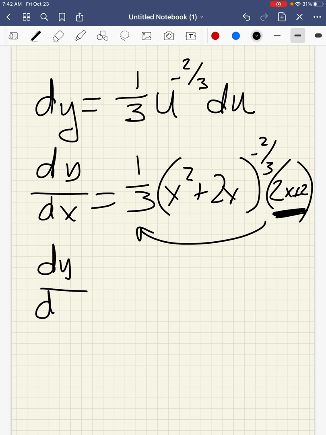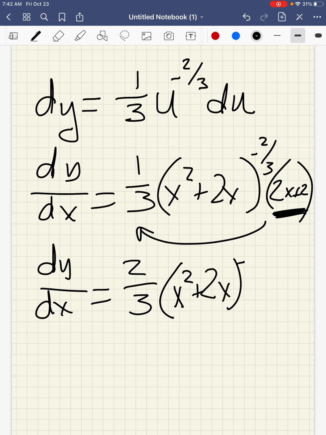So dy dx will end up being 2/3 times (x squared plus 2x) to the negative 2/3 times (x plus 1). And we're not going to factor anything out when it has a fractional exponent power on it.